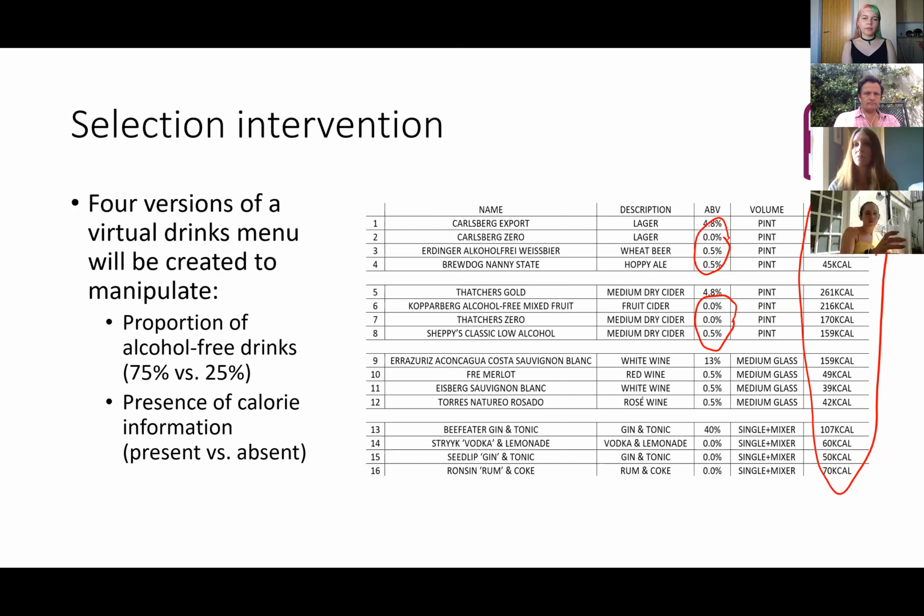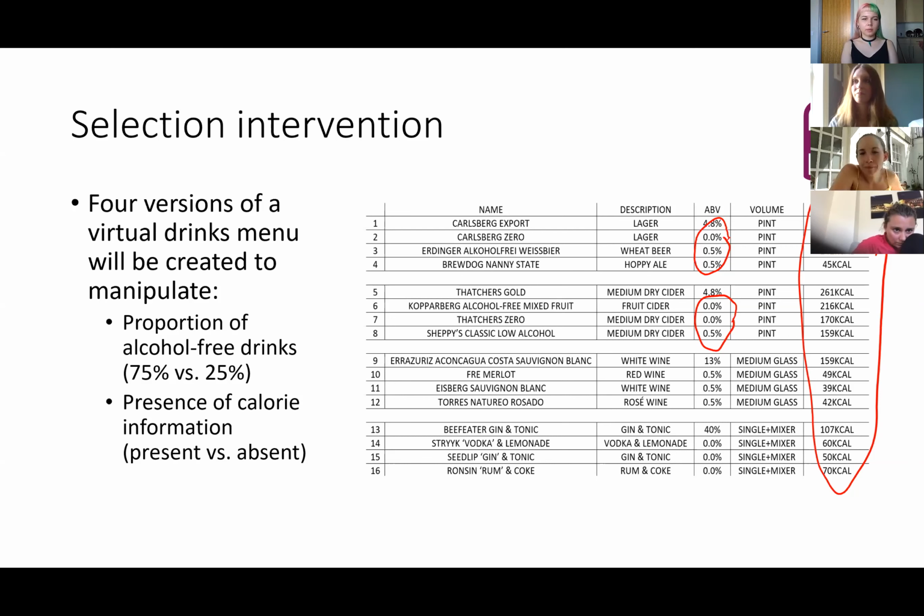The reason why there is only, for example, Copperberg alcohol free and not the alcoholic one is because we manipulate the proportion of alcohol free options rather than their overall amount. For the actual tablet, for the drinks list, I created an actual Carlsberg Zero, alcohol-free Weiss beer, and for example, Copperberg alcoholic and Copperberg alcohol-free.